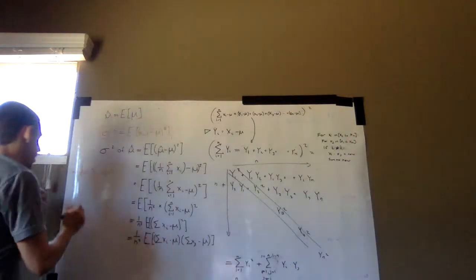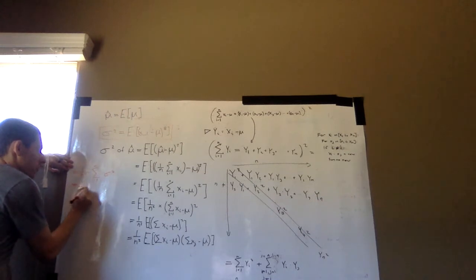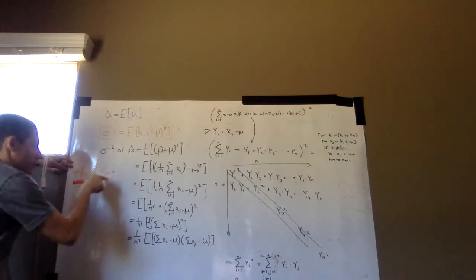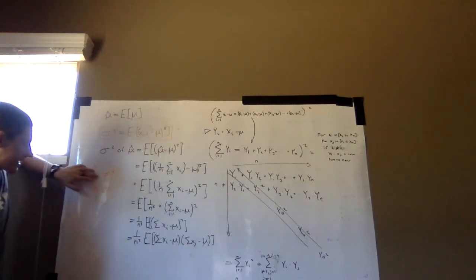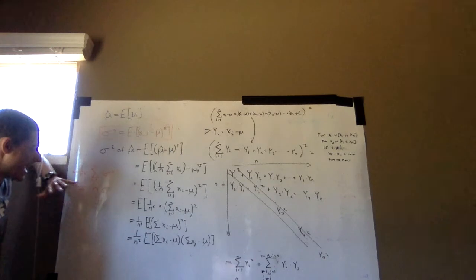And since this is a constant, that's just equal to 1 over n squared times n sigma squared, right? Because there's no actual xi here, so we're just iterating through and saying sigma squared plus sigma squared plus sigma squared n times.